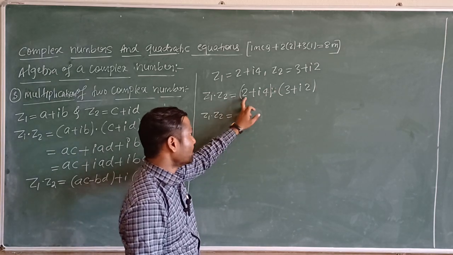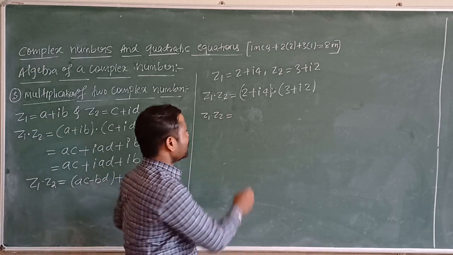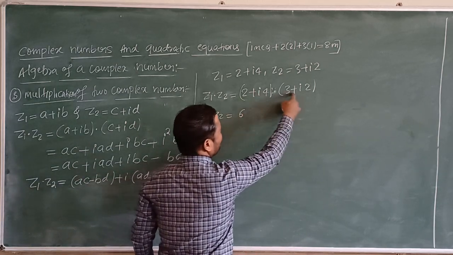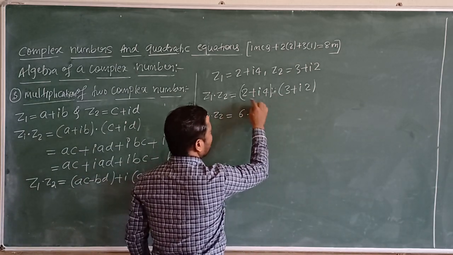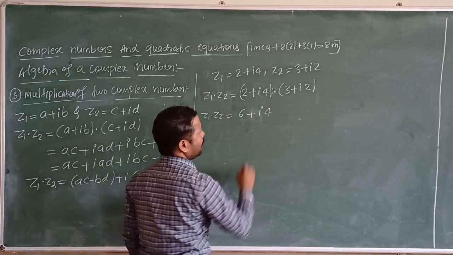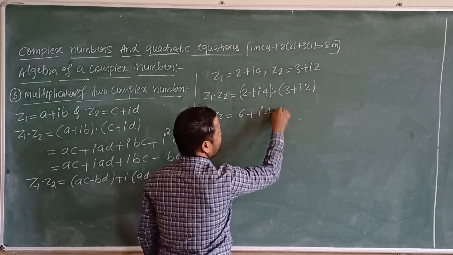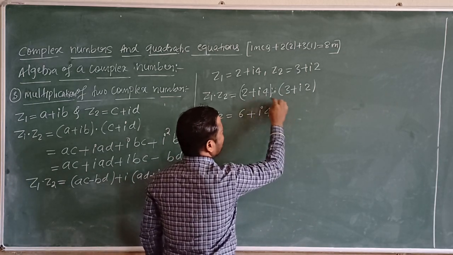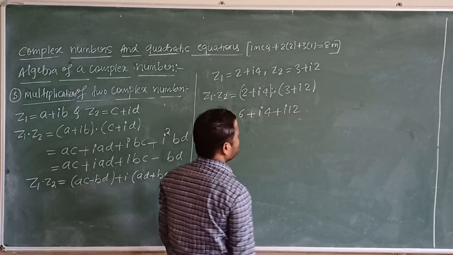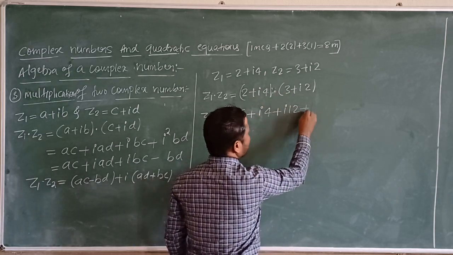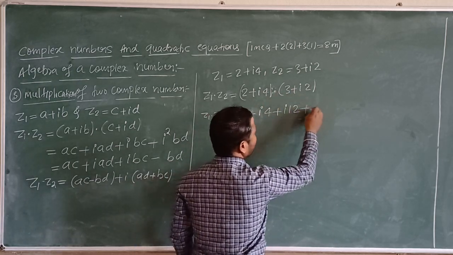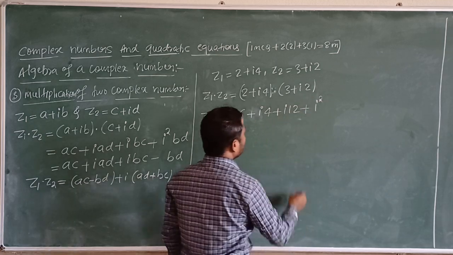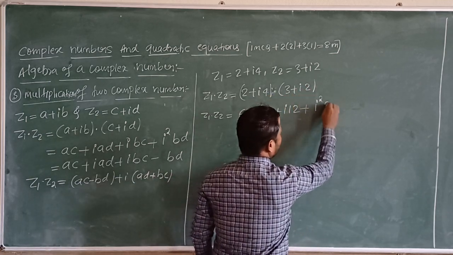Z1 into z2 is equal to, same as multiplication of binomial to binomial term, then multiply each term here. Plus into plus plus, 2 3s are 6. Plus into plus plus, i as it is, 2 2s are 4 now. Next term, plus into plus plus, i as it is, 4 3s are 12 now. Plus into plus plus, i into i becomes i square, 4 2s are 8 now.